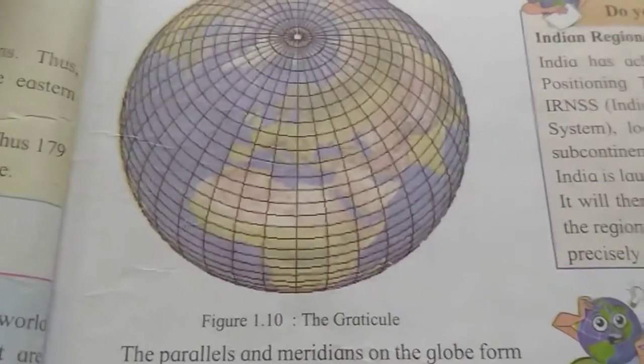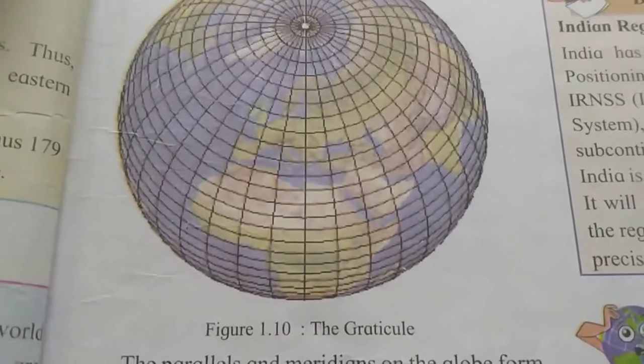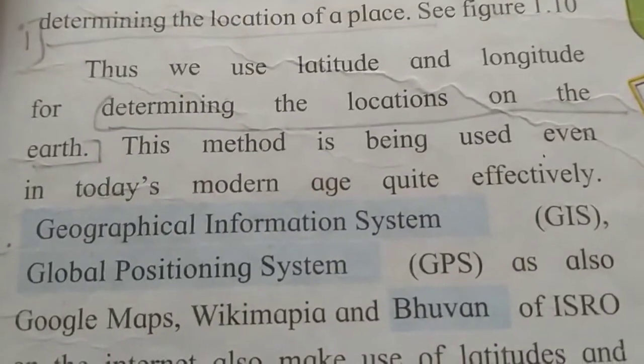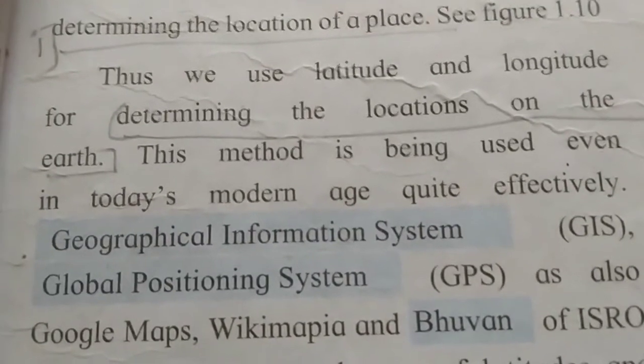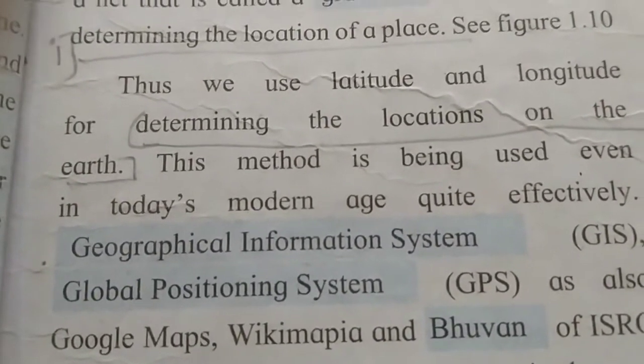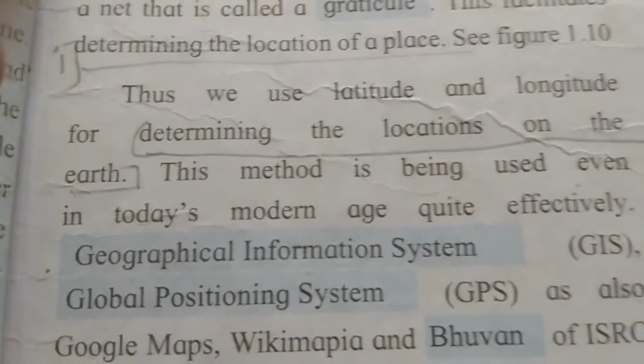In this modern age, even today, this method is used quite effectively. GIS, the long form of GIS is Geographical Information System. GPS is the Global Positioning System.